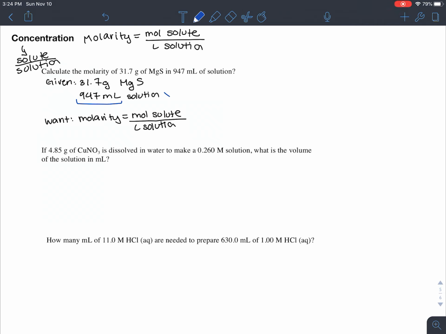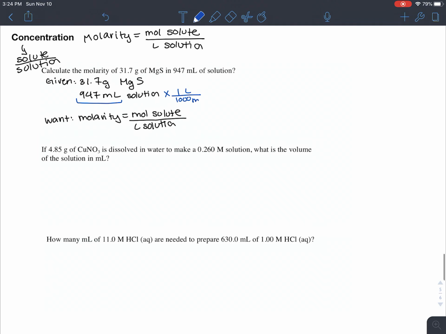So let's look at what we got. I have my volume of solution, so I can convert this to liters, multiplying by 1 liter divided by 1,000 milliliters. That gives me 0.947 liters of solution. So I have one part of the molarity, but I need moles. Since I'm given grams, I can convert to moles using molar mass.